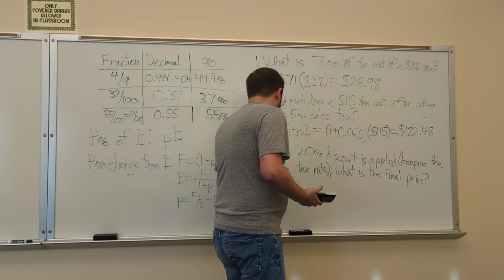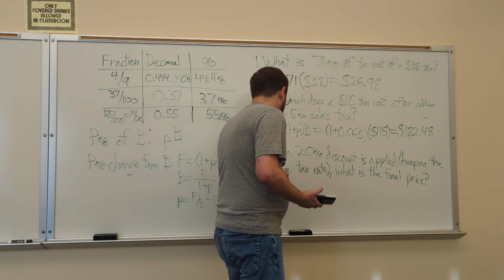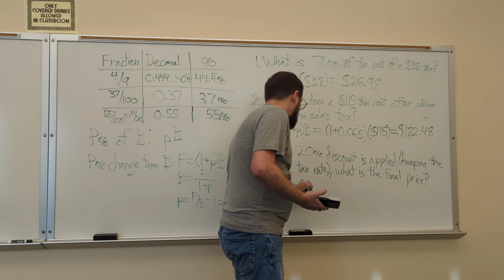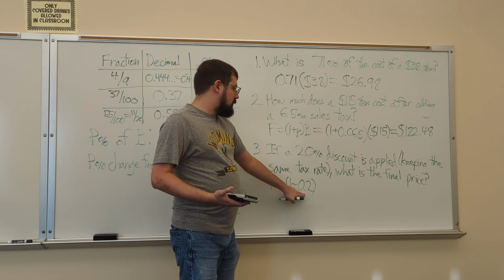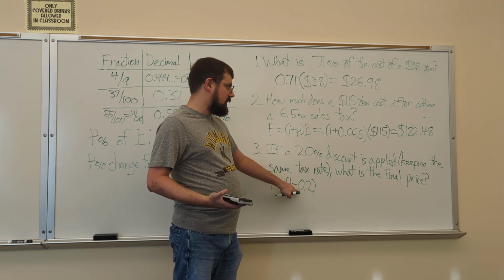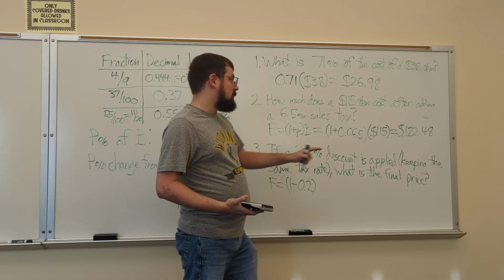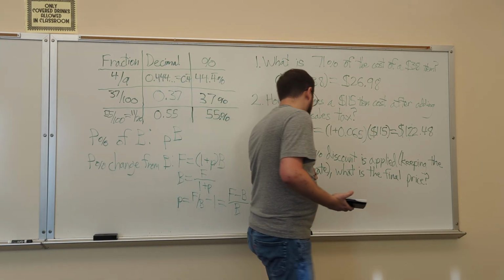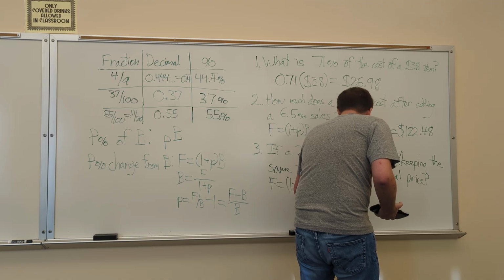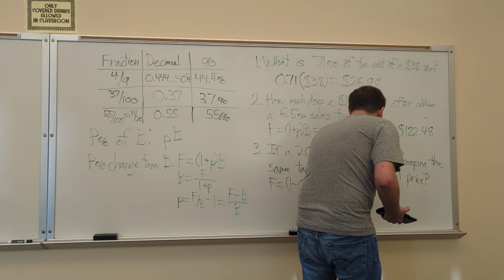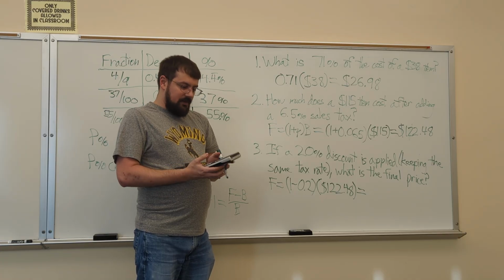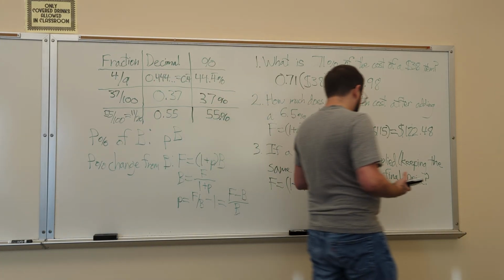So f in this case is going to be 1 minus 0.2. 0.2 would be 20% expressed as a decimal, and minus because it's a percent decrease, times our 122.48 that we just calculated. And what this is going to give us is 97.98.